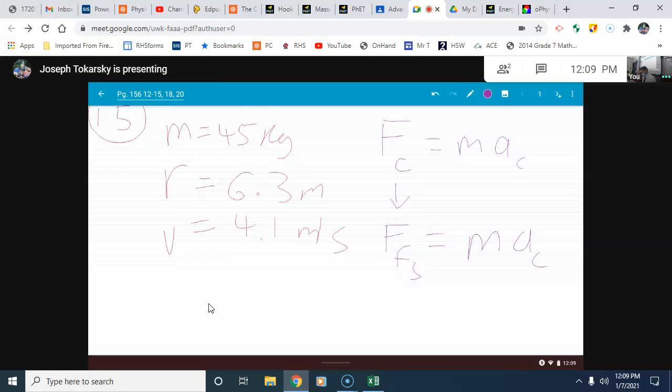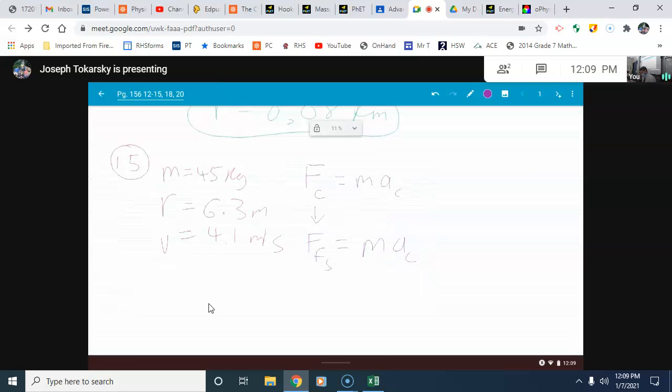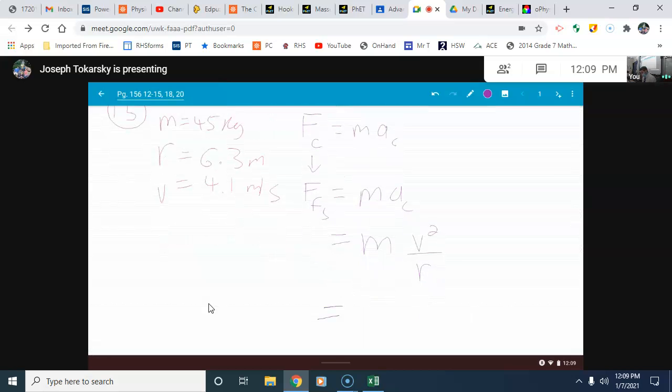And we could do it all together here. M, and for A, the centripetal acceleration, I could plug in the formula V squared over R and just do it all at once. So that would be 45 multiplied by 4.1 squared divided by 6.3.